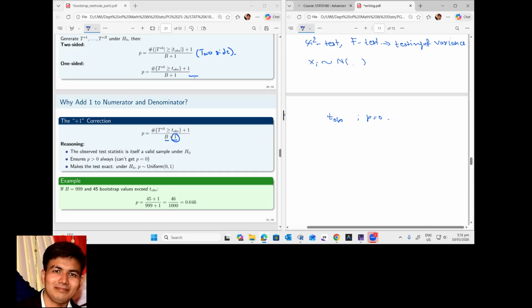So the correction yields P equals 1 upon B plus 1, even though all these probabilities are 0, meaning none of the T statistics from the bootstrap is less than T observed. So this will be 0. Even so, we will have 1 upon B plus 1 as the value of P.